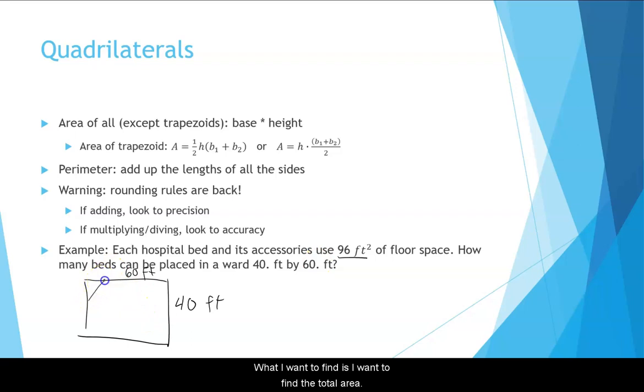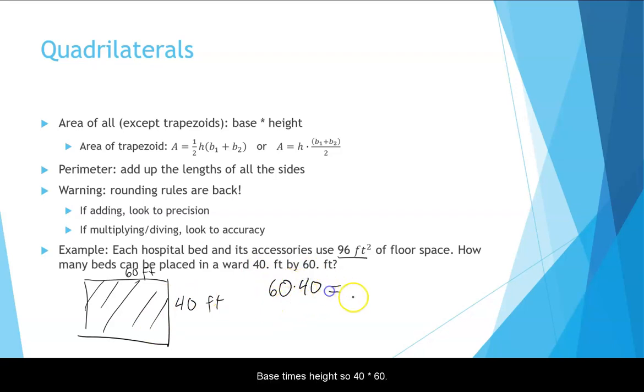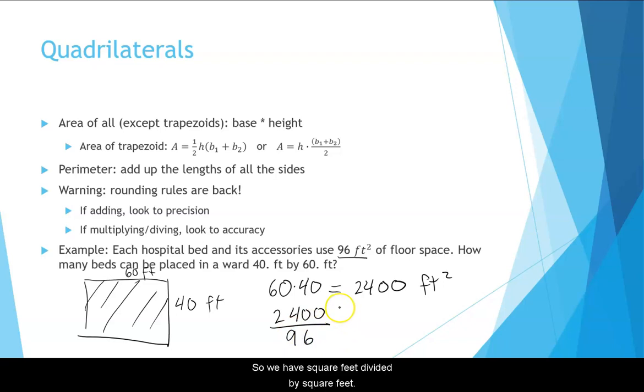So I want to find the total area, which in a rectangle is base times height, so 40 times 60 is 2,400 square feet. Now I want to take that 2,400 square feet and divide it by 96. So we have square feet divided by square feet, and the answer here is 25. So 25 hospital bed units can be fit into this space.